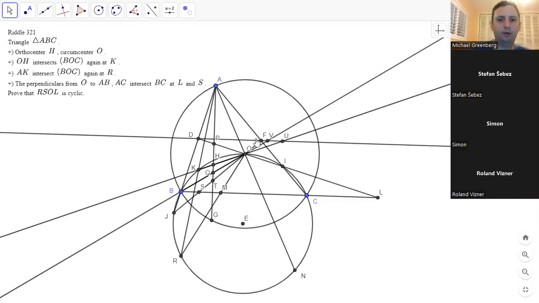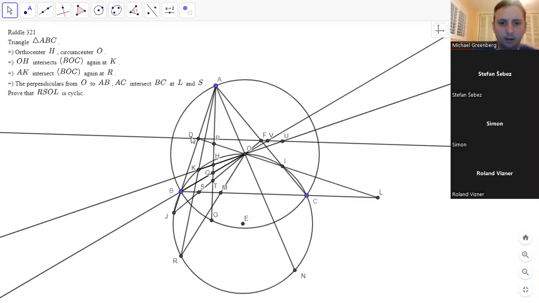Let's see. So we want to show that this cross ratio is BCIO. So what if we project BCIO through it? If we projected B, C, I, and O through O onto this line, O would go to the point at infinity.